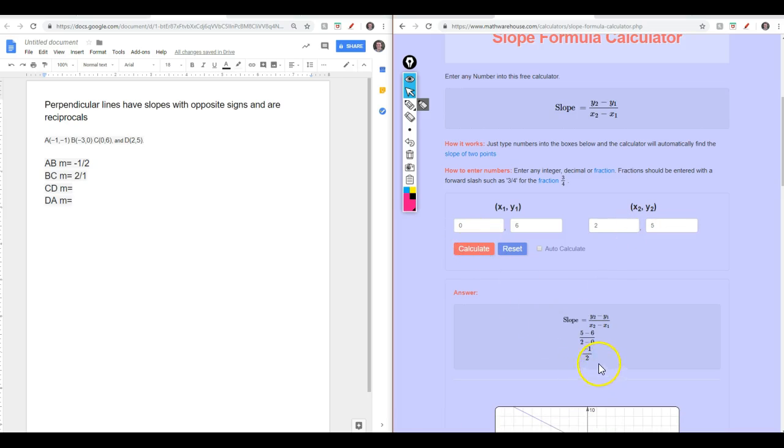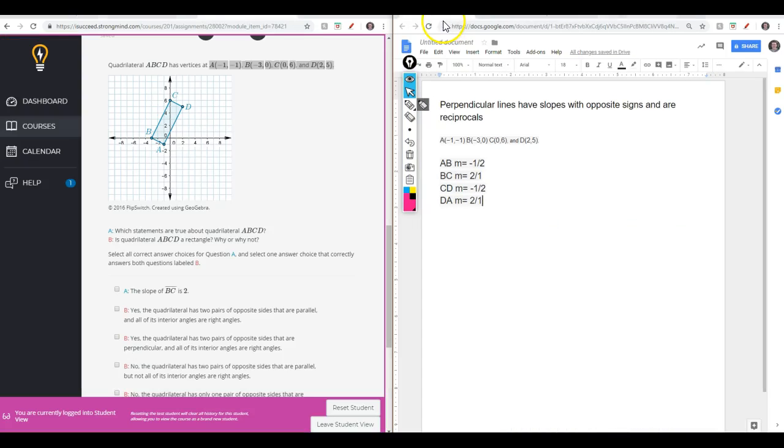So calculate that. It's at -1/2. Alright, so segment DA slope, point D is already in. So point A is at (-1, -1). Calculate, this is at 2. So again, any whole number can be written as a fraction over 1. So I'm going to do that so that when we check for reciprocals, it's much quicker for me.